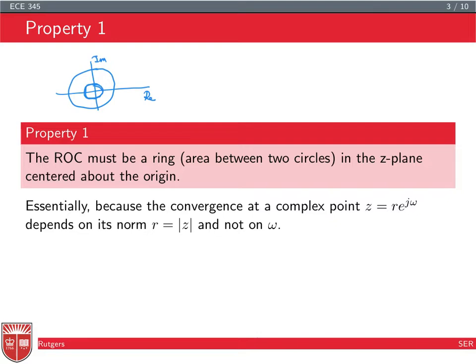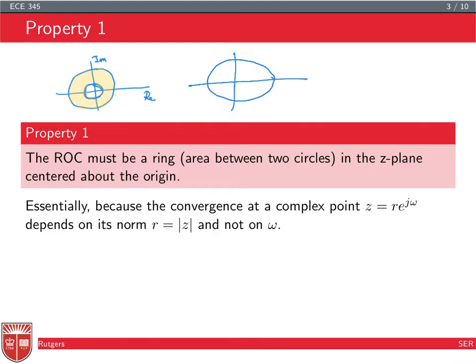And what this is saying is that the ROC in general may look something like this. So it's the inside of a ring that looks like this. Now, there are extreme cases or corner cases where the inner circle is the origin. So this case would look something like this. So again, the inner circle is the origin, and I just have an outer circle.